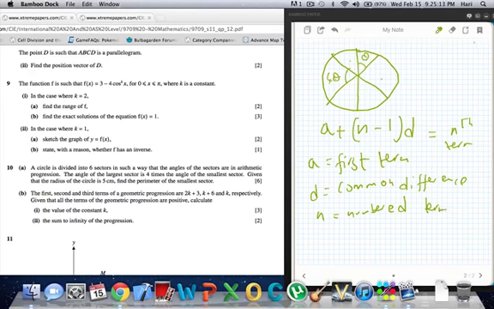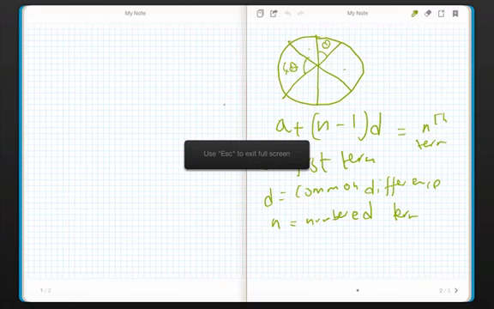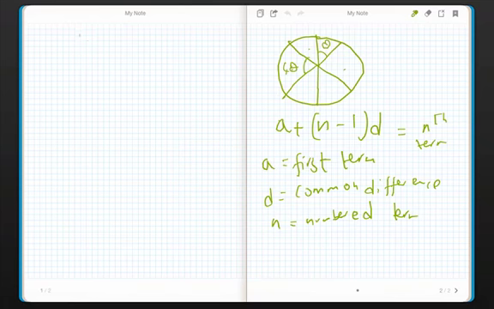So what do we do now? Let me make this full screen first. If we arrange the angles in order as a sequence, we have theta, then four more terms, and the sixth angle being 4 theta, because the last and largest angle is 4 times the smallest angle.